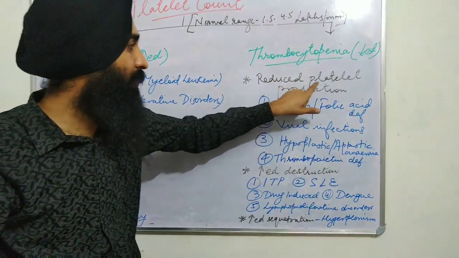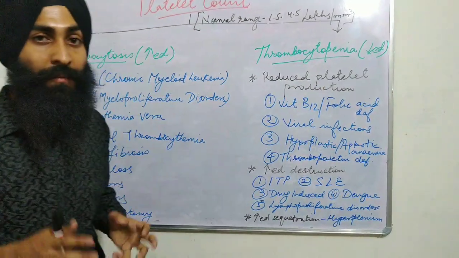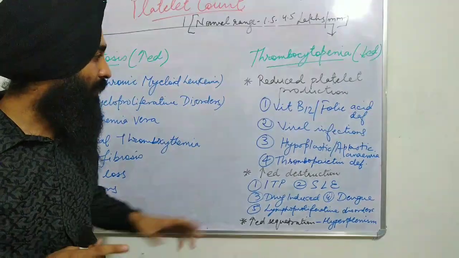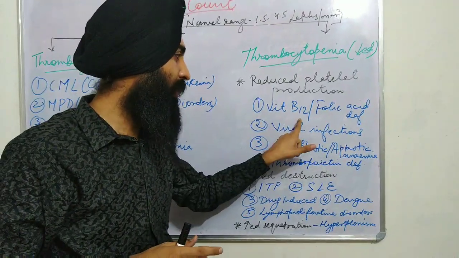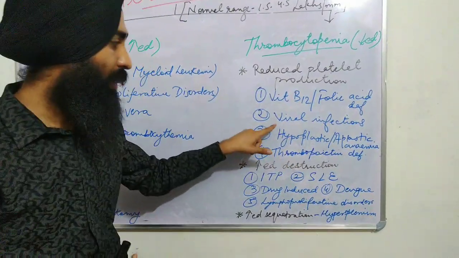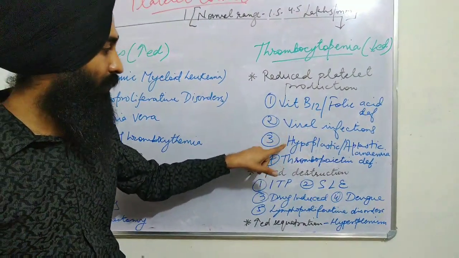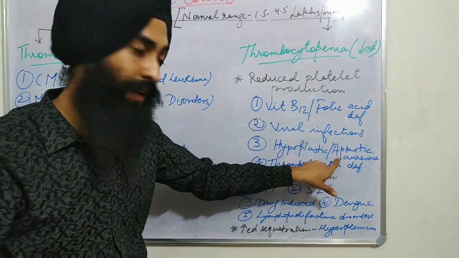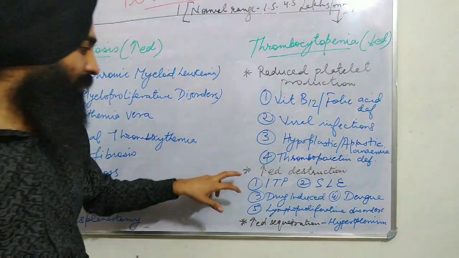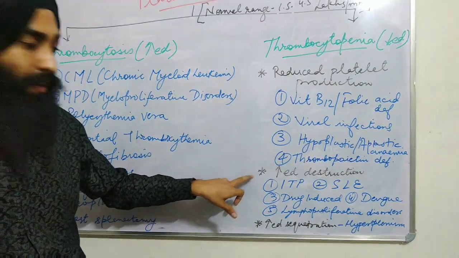One is reduced platelet production, meaning the platelets are not produced up to the mark. That condition will be vitamin B12 or folic acid deficiency, viral infections, hypoplastic or aplastic anemia, thrombopoietin deficiency. And second one is increased destruction.